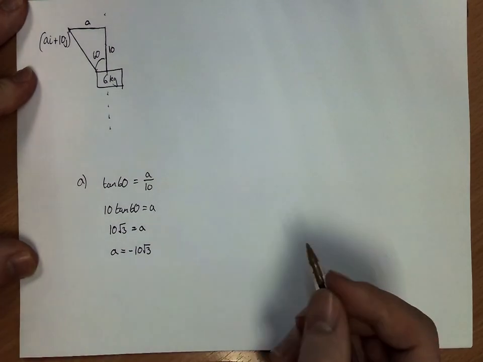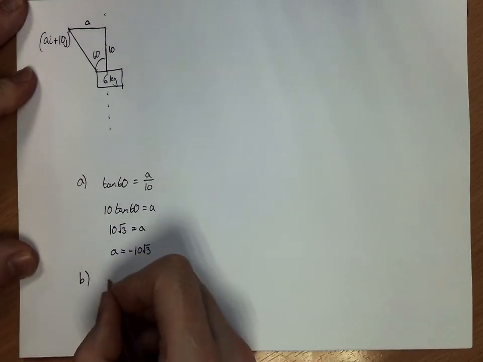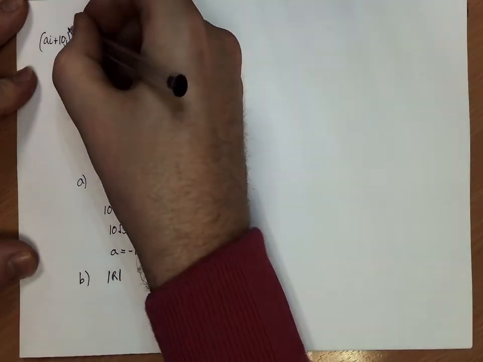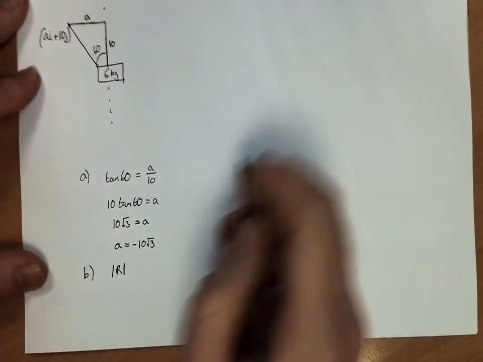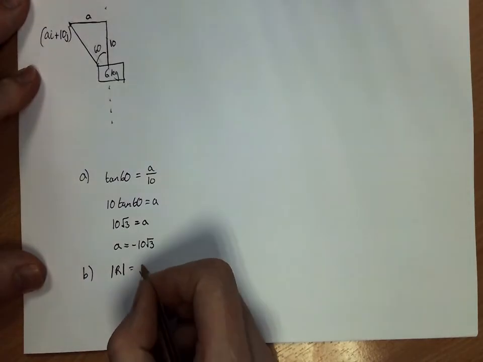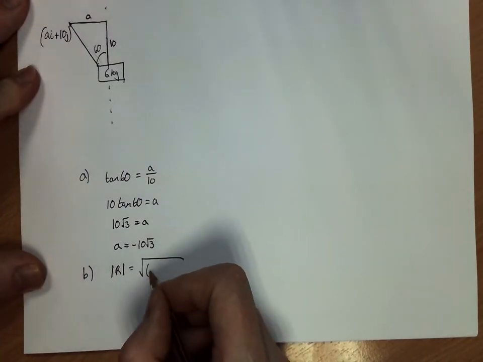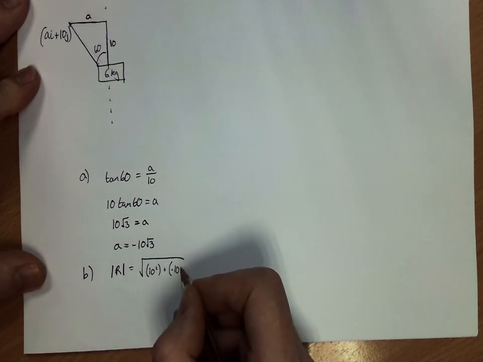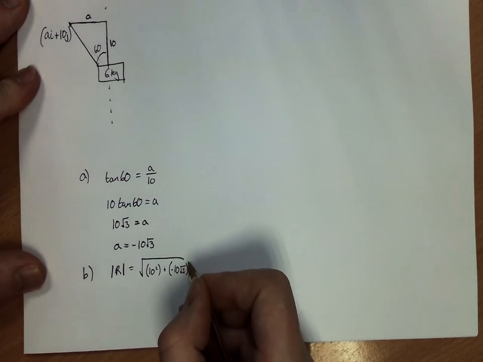Part b asks for the magnitude of R, so part b is pretty much asking us for the length of that line. So I'm going to do Pythagoras. So I'm going to do the square root of 10 squared plus minus 10 root 3 squared.